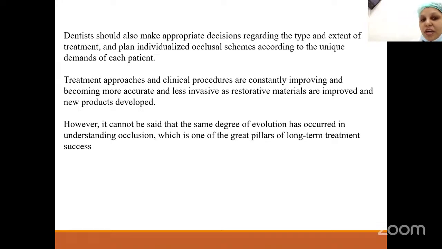Treatment approaches and clinical procedures are constantly improving and becoming more accurate and less invasive, with the development of many restorative materials, new products, and techniques. However, the same degree of evolution has not occurred in understanding occlusion, which is one of the greatest pillars of long-term treatment success.